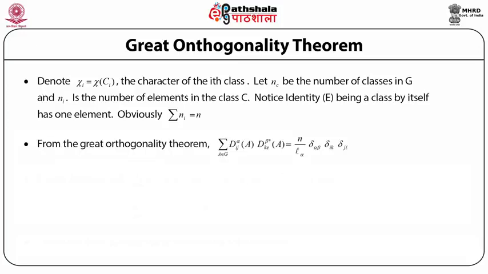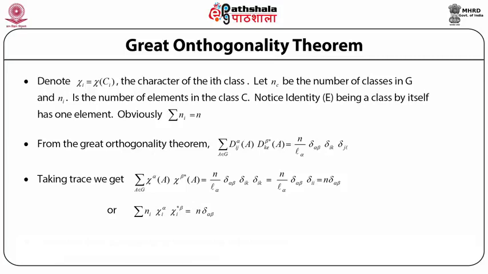Now, from the great orthogonality theorem, the sum over all group elements A of D alpha_ij(A) multiplied by D beta star_kl(A) is equal to N by l alpha delta alpha beta delta ik delta jl.